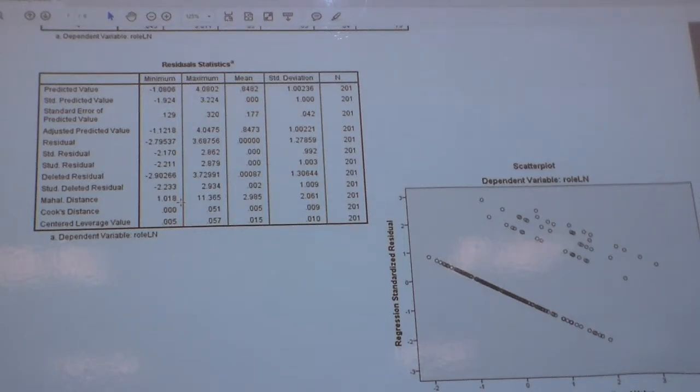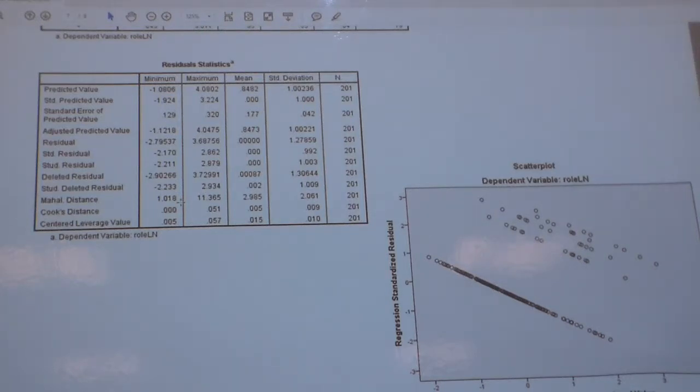Same thing here, upward skew, upward skew, upward skew, right? But the skew that we're seeing is a direct function of the fact that our outcome variable sucks, and we should probably choose a better outcome here. We won't because this is what it is, but this is kind of what's going on with that.